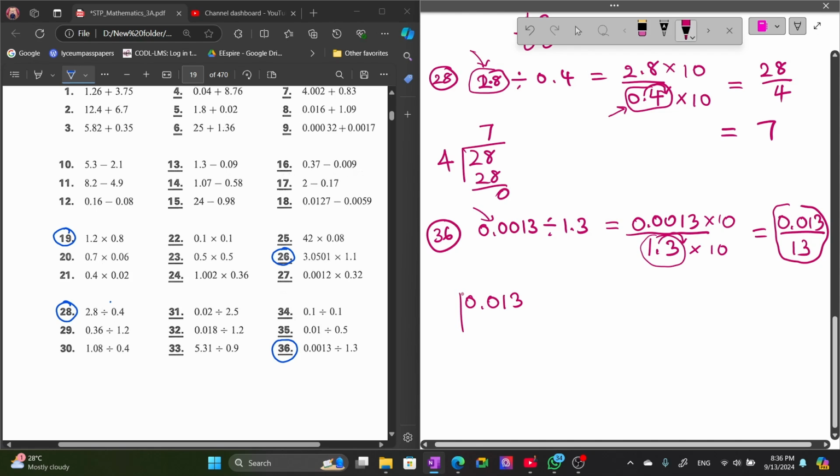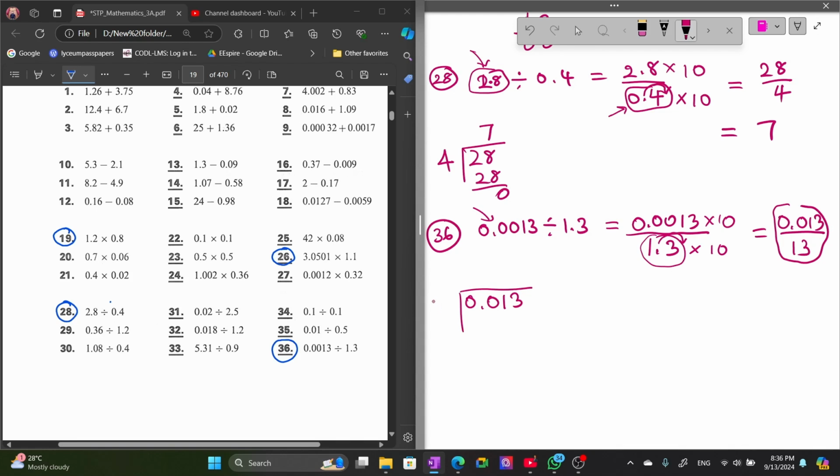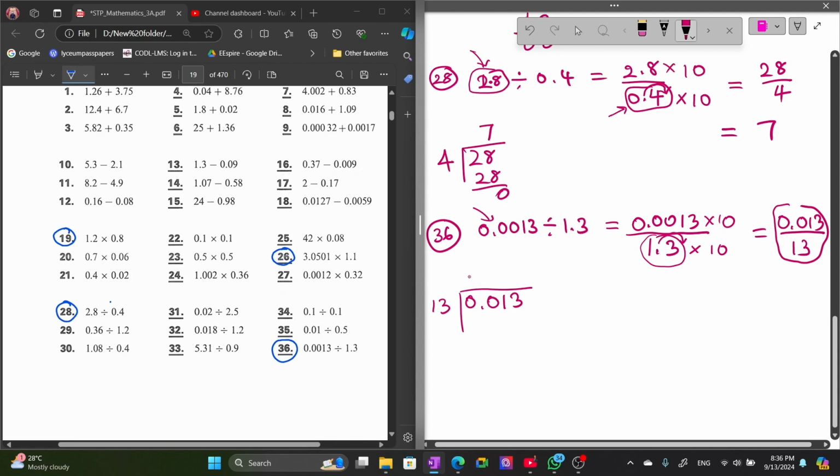0.013 divided by 13. First thing, we have to put the decimal point aligned, and for 0 there are no 13s. 0, 0. Then take this 0, it is also 0, then take this 1.